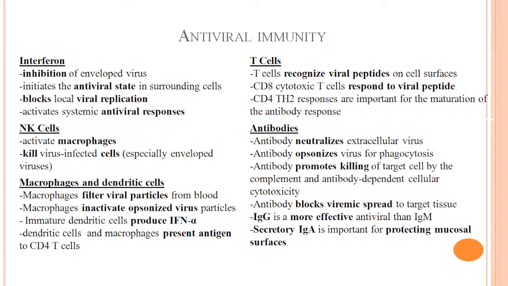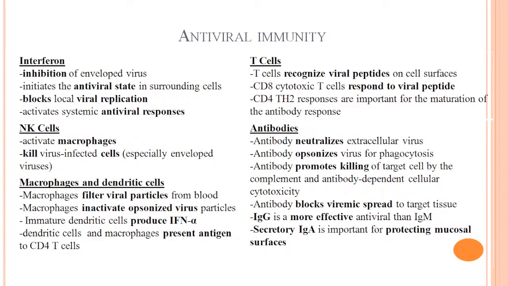CD4 Th2 cells are T helpers. Their responses are important for the maturation of the antibody response. You remember that Th2 cells activate B cells that produce plasma cells for synthesizing antibodies.